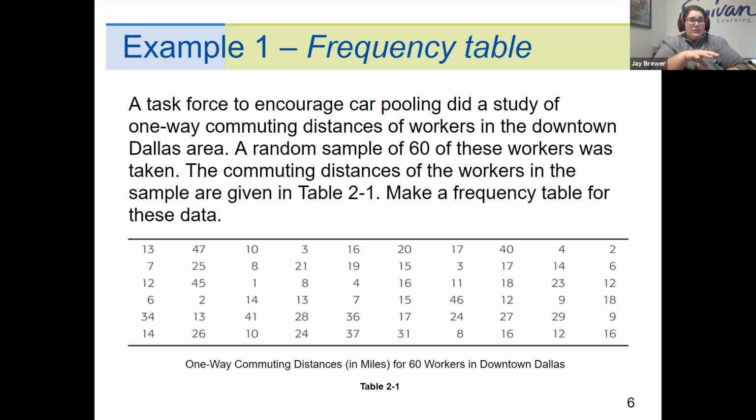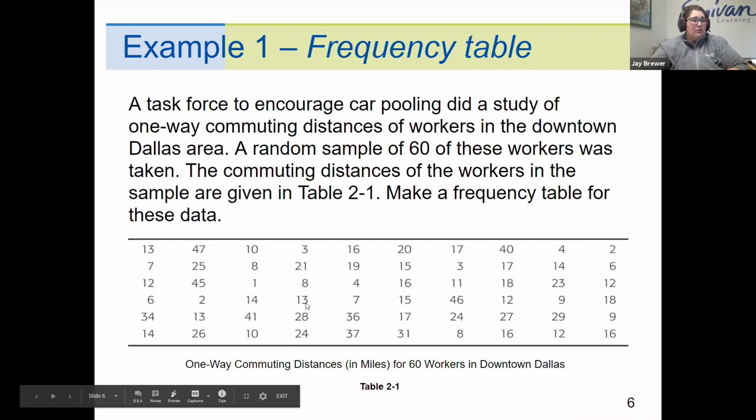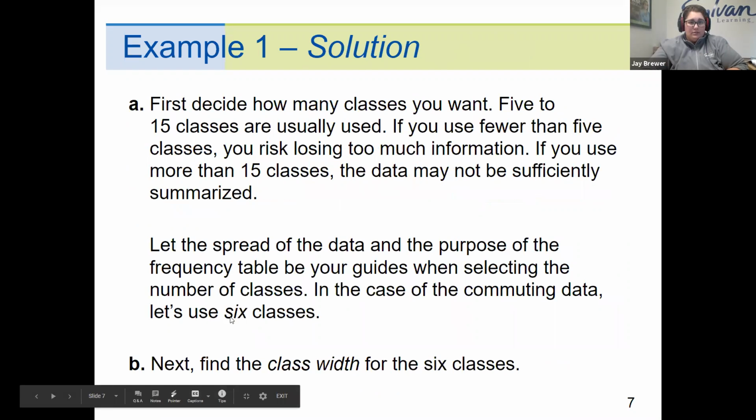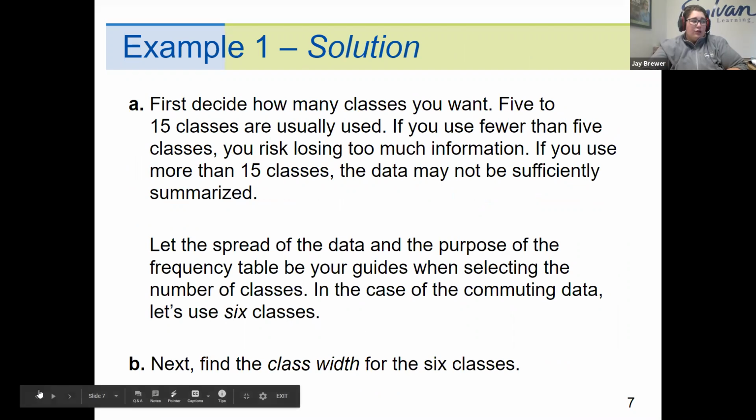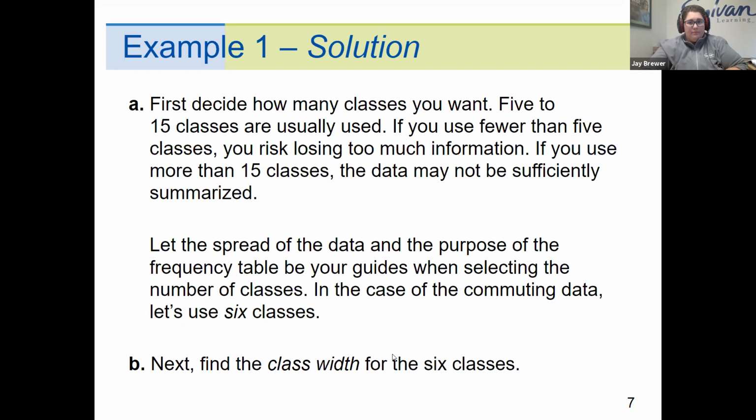In this situation, you kind of have control. They gave you the suggestion to do 6 classes. As long as you do classes between 5 and 15, you're going to have enough data material. So it's based on you and what you want, unless the problem tells you. Does that make sense? Yeah.